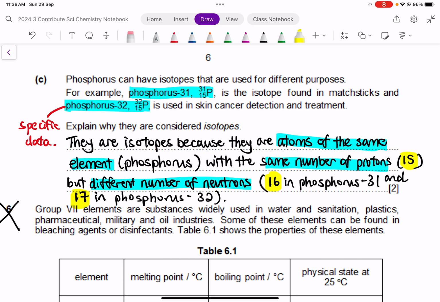You can see that because the proton number is 15 for both. Besides that, they have different numbers of neutrons. You can calculate that phosphorus 31 will have 16 neutrons, whereas phosphorus 32 will have 17 neutrons. So it is important, if you are given specific data, to go into the specific details in your answer by calculating the number of protons and neutrons as well.